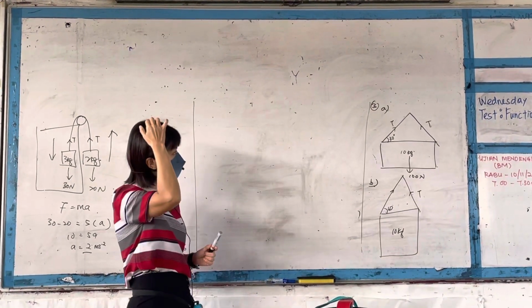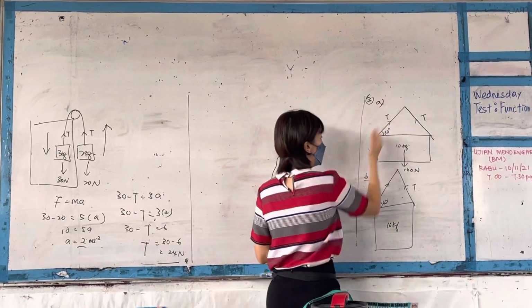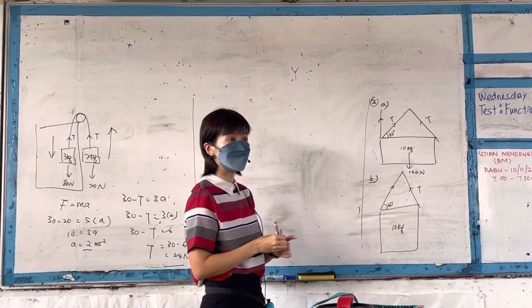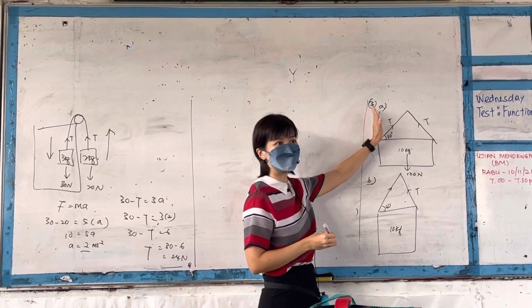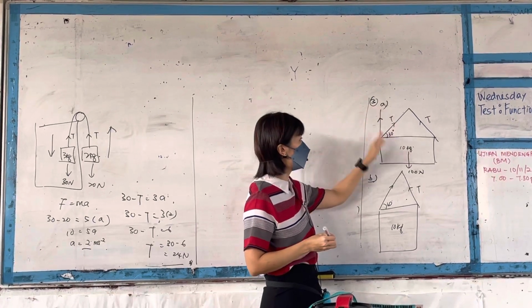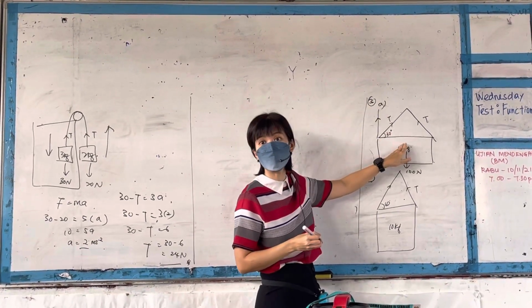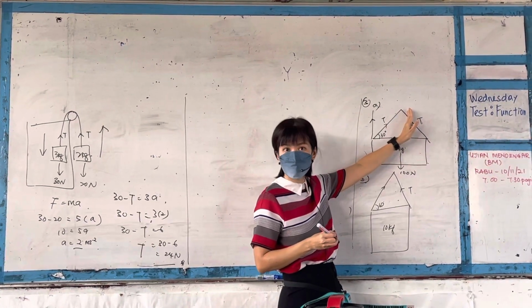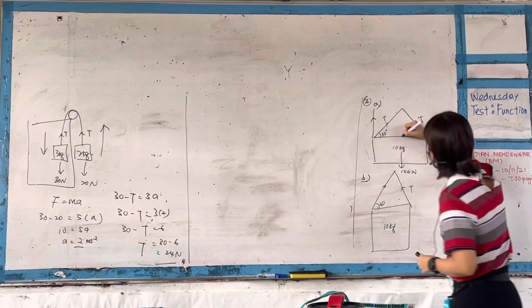And then the string tension going up, but we want to find something like this, right? We have to make it like this, then only it is the same direction. Up equal to down, remember? So I will move it to the middle. Easier.